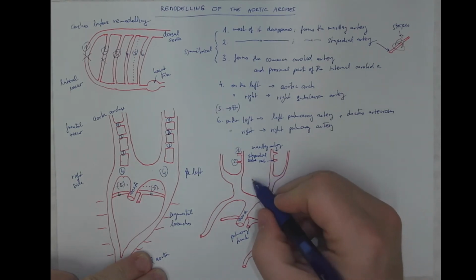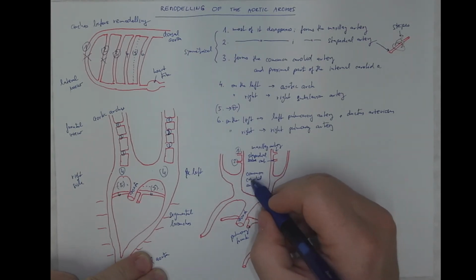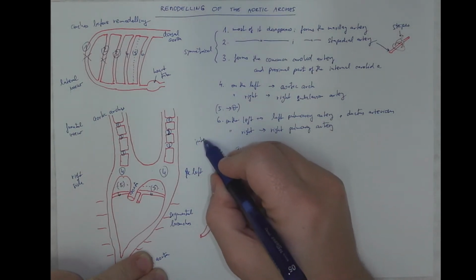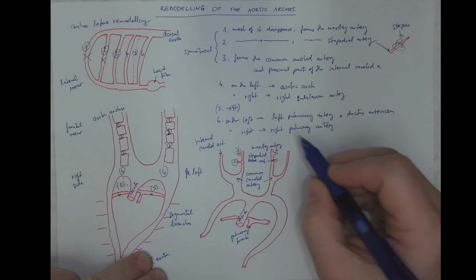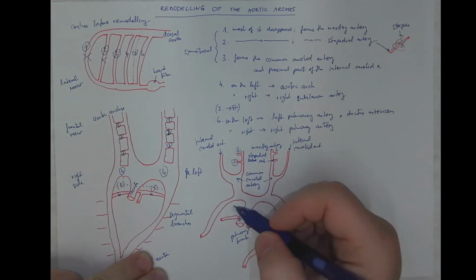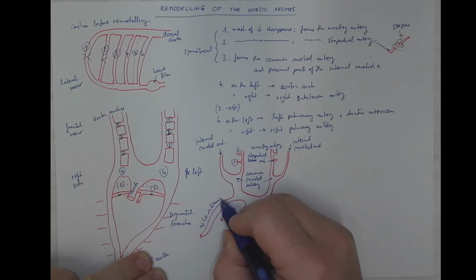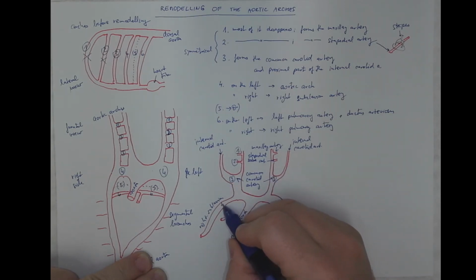Then we got the common carotid. On the right side, on the left side, the internal carotid artery. Here will be the right subclavian. Yeah, this was the third. This was the fourth on the right side.